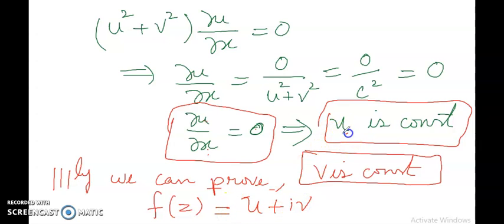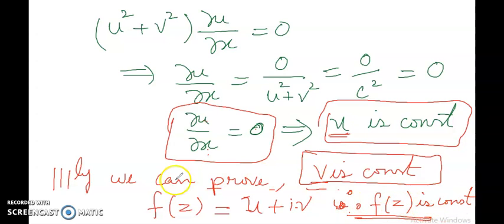Since u is constant and also v is constant, u plus iv is constant. Therefore f(z) is constant.